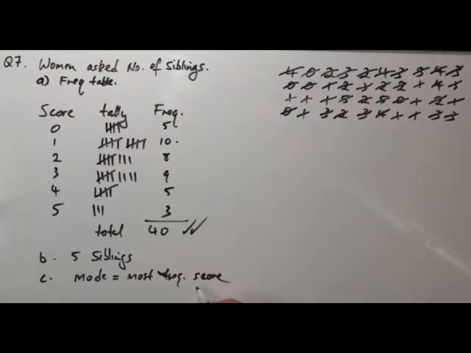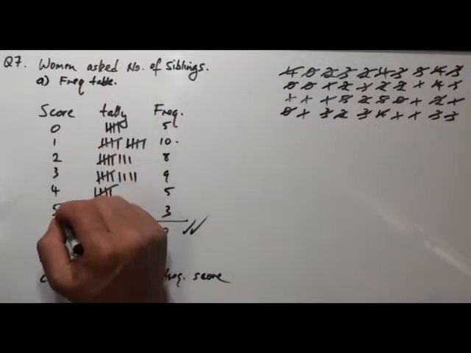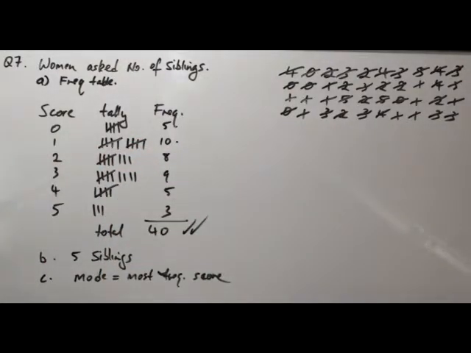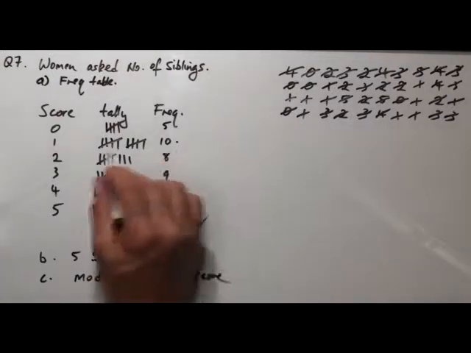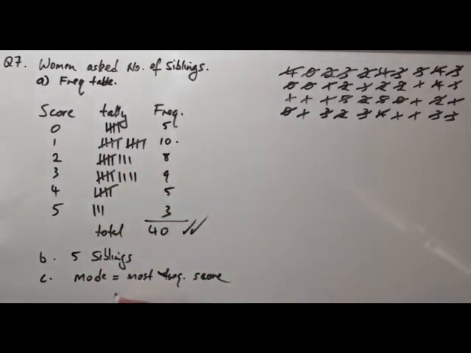In other words, when we're talking about the mode, we're talking about a score that occurs most often. In this case, the score that occurs most often will be 1. So the answer here will be 1, because 1 occurs 10 times, and the answer has to be given in terms of the score, not in terms of the frequency. A common mistake people make, but please beware not to make that mistake.